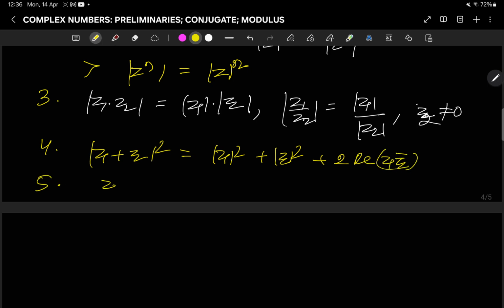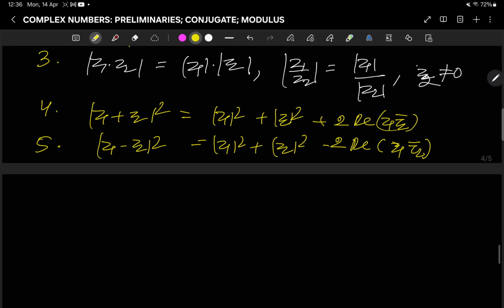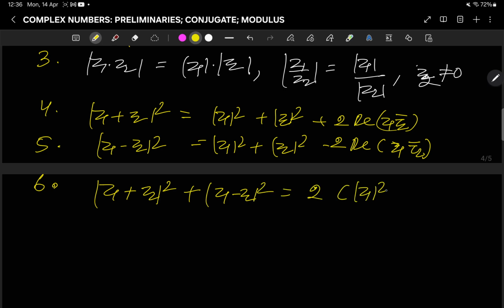And property number 5, z1 minus z2 modulus square is z1 modulus square plus z2 modulus square minus twice real part of z1 z2 conjugate, okay? Then coming to property number 6, z1 plus z2 modulus square plus z1 minus z2 modulus square is twice z1 modulus square plus z2 modulus square. This last equality is called the parallelogram equality.